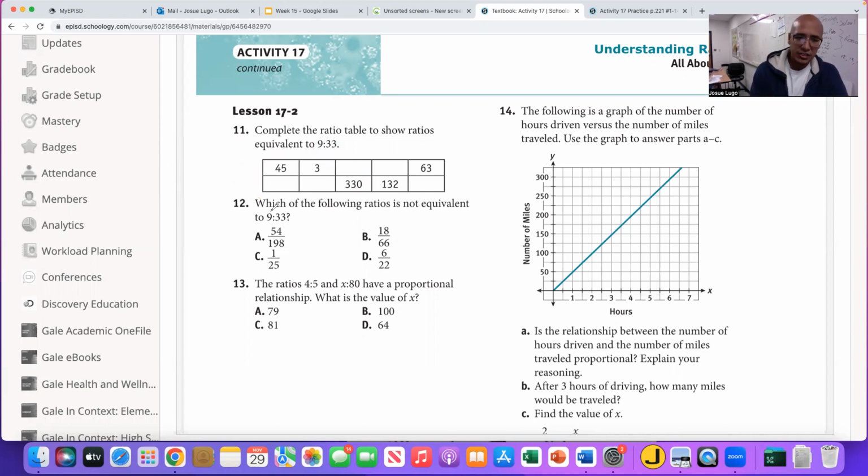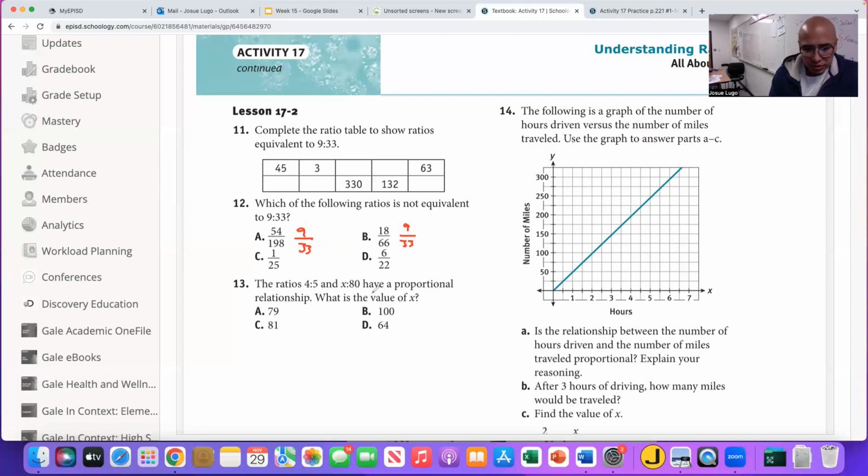Number 12, you're going to ask which of the following ratios is not equivalent to 9 over 33. Ladies and gentlemen, all I can say is that you can cross multiply. Anytime you cross multiply, I would use 9 over 33 for each one of these fractions, and you can cross multiply them to see which of those is not equivalent.